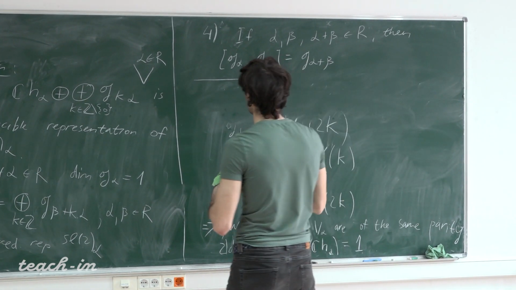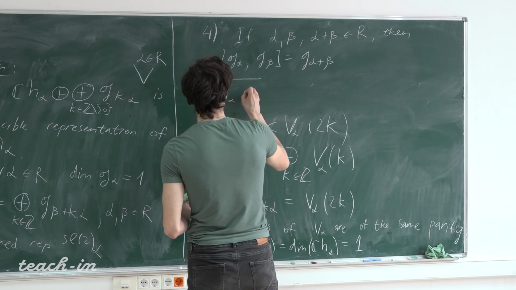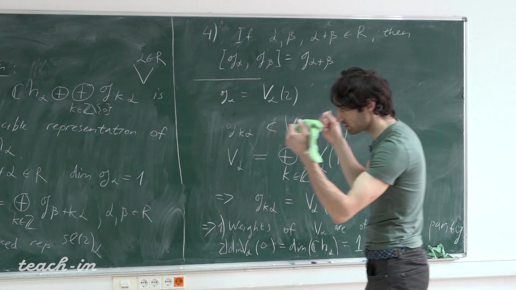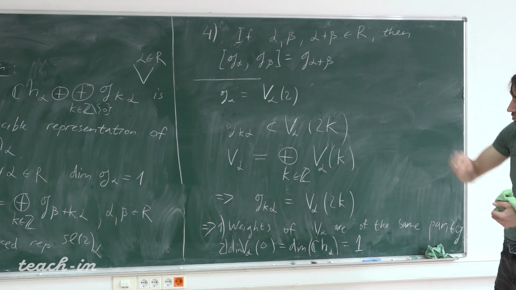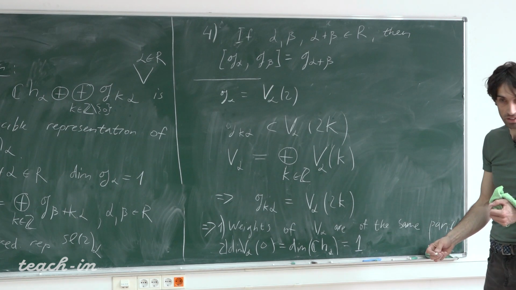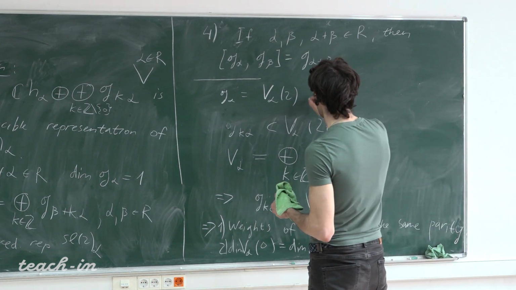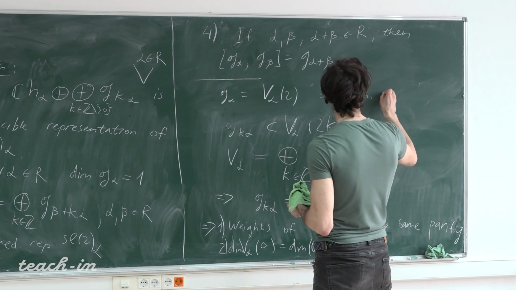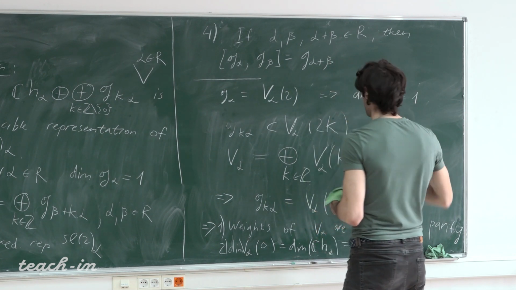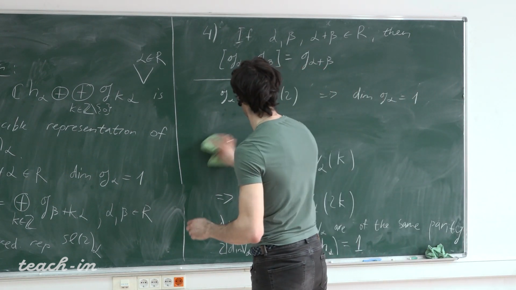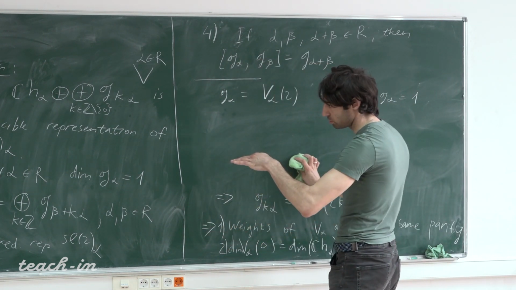So G alpha is V alpha of 2. But since we already proved that V alpha is irreducible, all weight subspaces are of dimension 1. So therefore, the dimension of G alpha is 1. So we proved the first two.